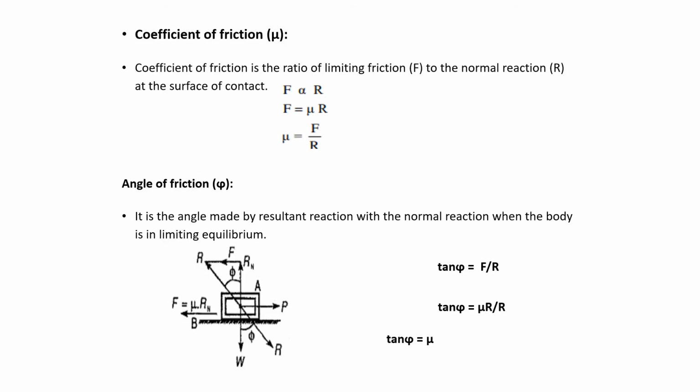Then we will see coefficient of friction. Coefficient of friction is the ratio of limiting friction to normal reaction at the surfaces of contact. So coefficient of friction is a ratio of limiting friction to normal reaction, and both have the same unit.